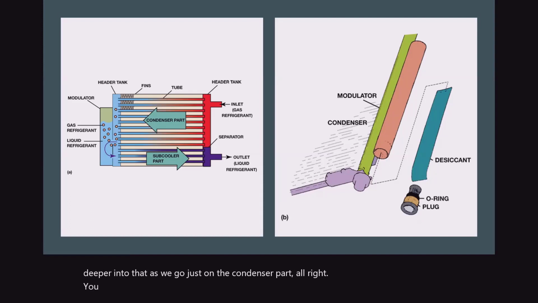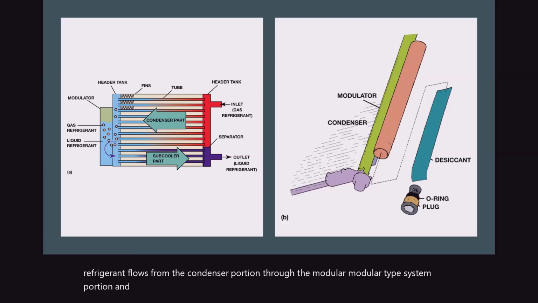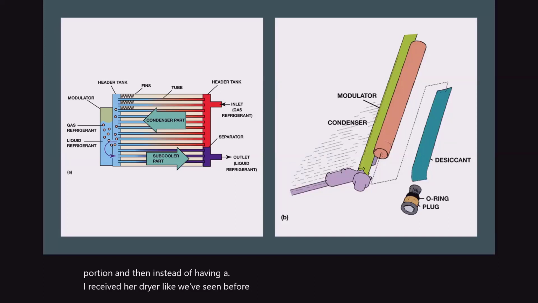This shows the condenser going across. So this is a dual condenser, where the refrigerant flows from the condenser portion through the modular type system portion. And then, instead of having a receiver dryer like we've seen before, it actually has a desiccant bag.